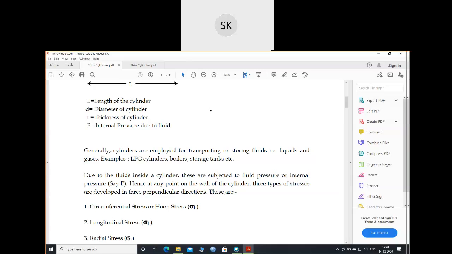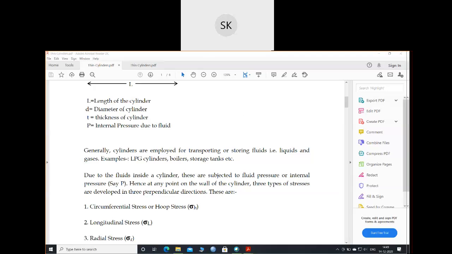Imagine a completely full bottle; when you release the cap, some gas is released. That is the pressure of the liquid applied on the walls. So due to the fluids inside a cylinder, these are subjected to fluid pressure or internal pressure, represented here by P.